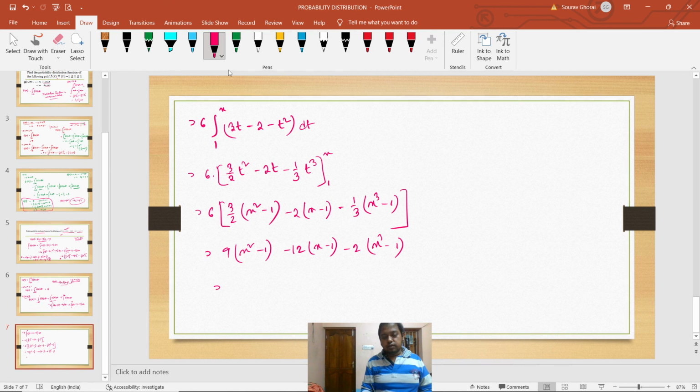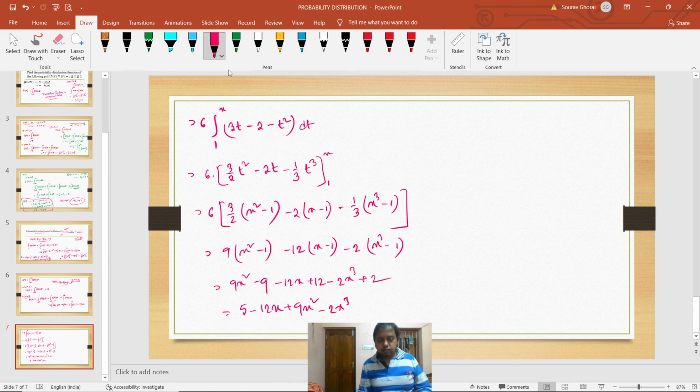So this is 9x square minus 9 minus 12x plus 12 minus 2x cube plus 2. And if we simplify, we get the value 5 minus 12x plus 9x square minus 2x cube.